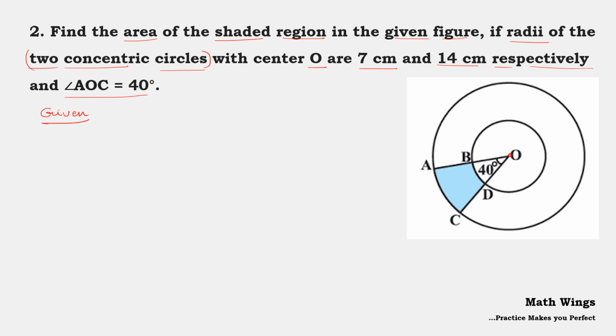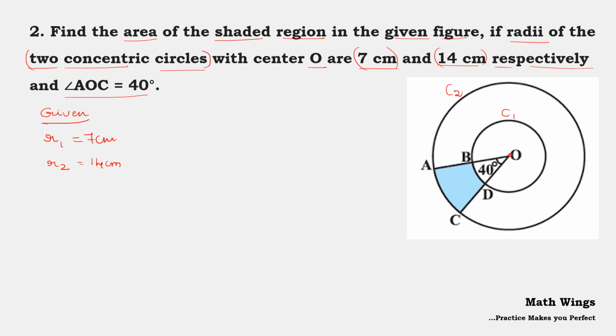So here in this diagram, I can consider the smaller circle as circle 1 and the bigger circle as circle 2. Also, they have given the radius as 7 cm and 14 cm. Therefore, I can take 7 cm for circle 1, that is R1, as well as 14 cm for R2, the second circle.